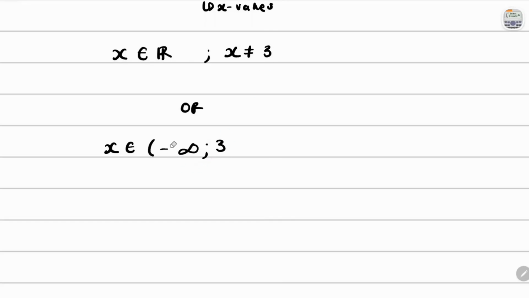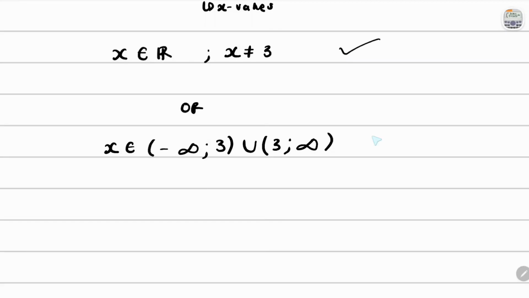So it's going from negative infinity to values less than 3. Then it continues, so we'll say union, and it's continuing from after 3, not exactly at 3, which is why we're using the round bracket again, going all the way to infinity. So going from negative infinity to less than 3, and then greater than 3, all the way to positive infinity.